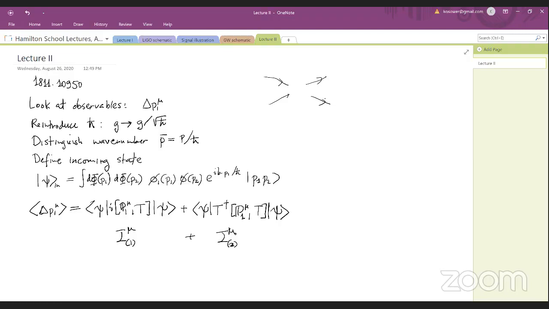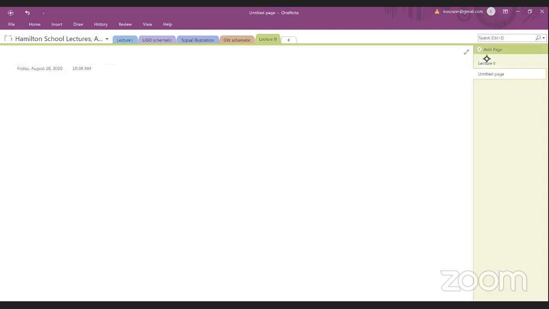The I1 term was linear in the scattering amplitude, and the I2 term was quadratic. We wrote down an expression for each of those two terms, but I left it as a homework exercise to write down a diagrammatic interpretation of the second term. And we will see in a couple of minutes what that is.